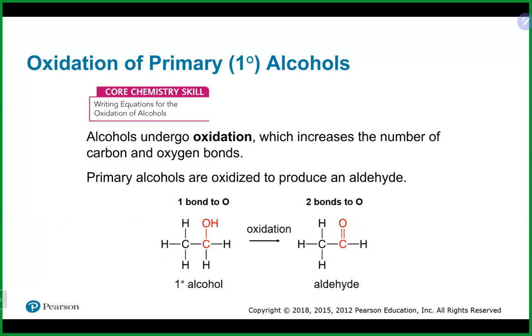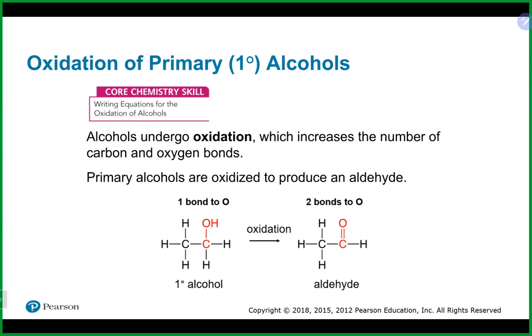We've gone over it a couple of times, but just a reminder that in the oxidation of our primary alcohol, we're going to remove H2. And it is always the hydrogen from the oxygen, the hydrogen attached to the oxygen in that OH group. Then you put your double bond between the carbon and the oxygen, and you will get your aldehyde. One thing we didn't talk about is what can happen with our aldehyde.